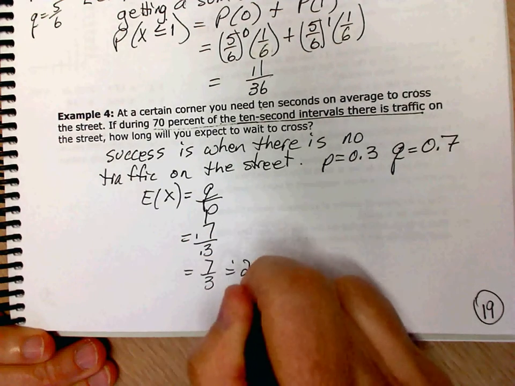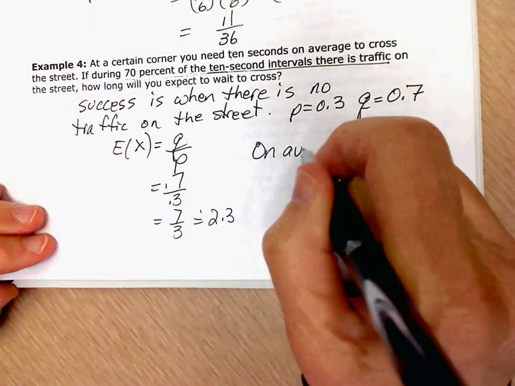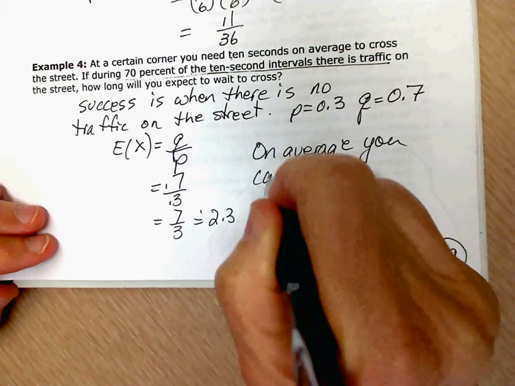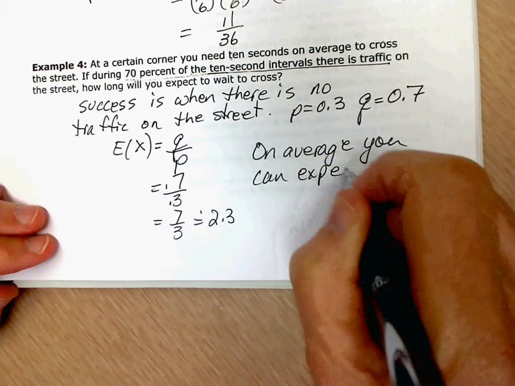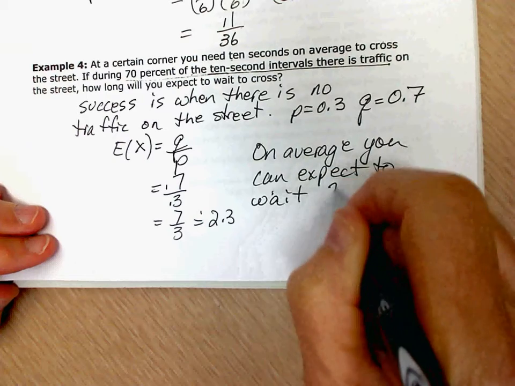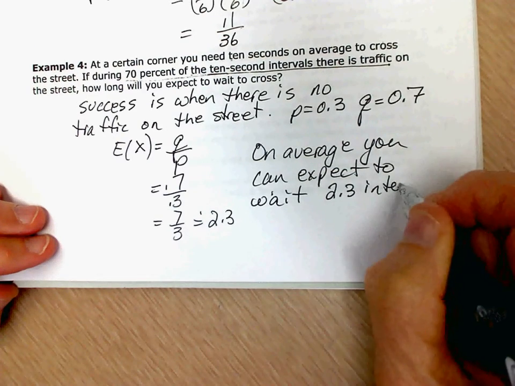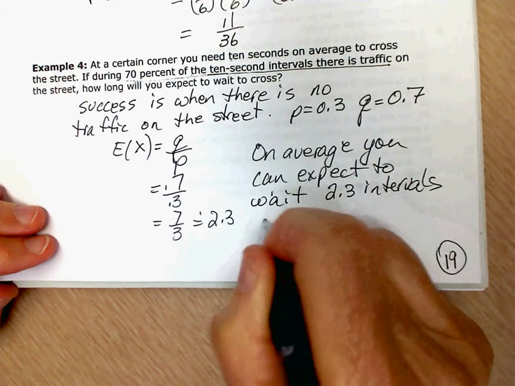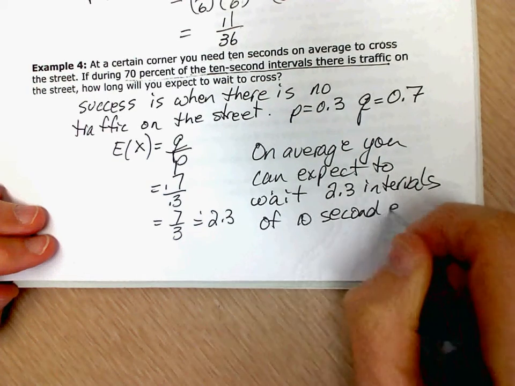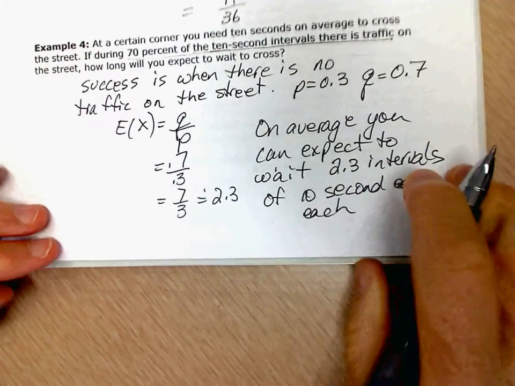So on average, you can expect to wait 2.3 intervals of 10 seconds each, or 23 seconds.